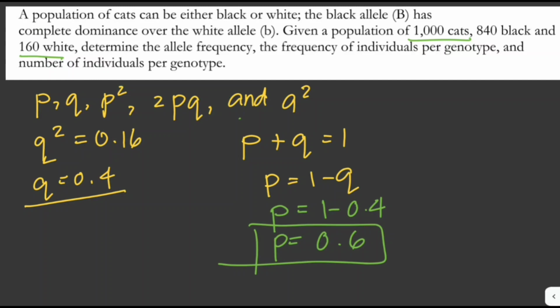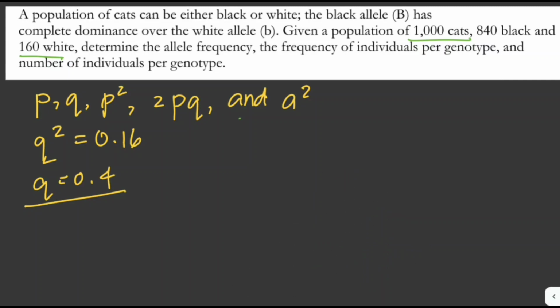We now have the allele frequencies in the population, and now we can solve for the remaining frequencies of individuals by using the formula p squared plus 2pq plus q squared equals 1.